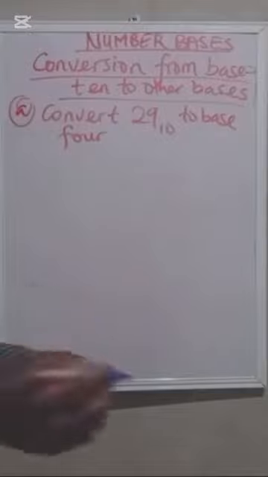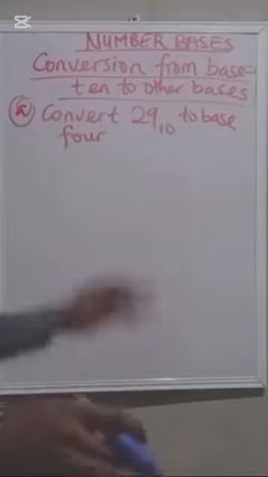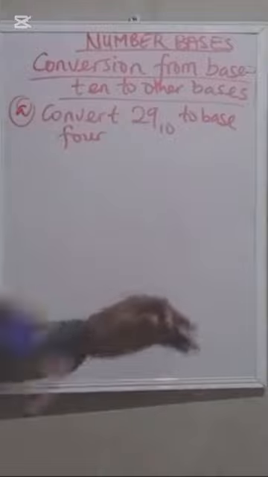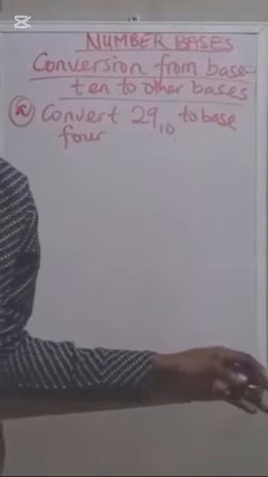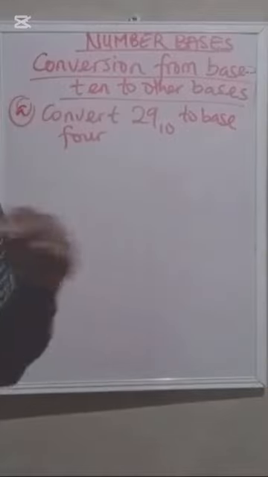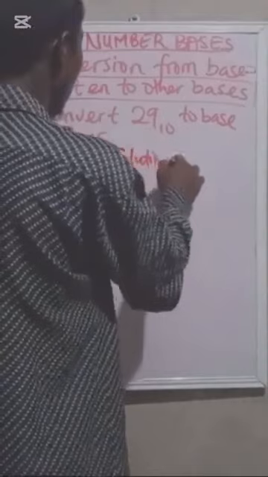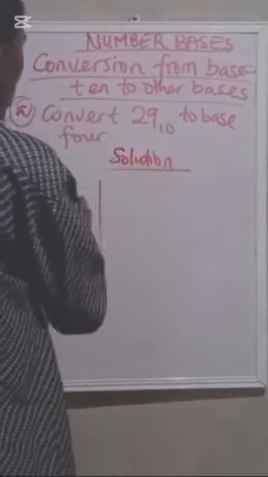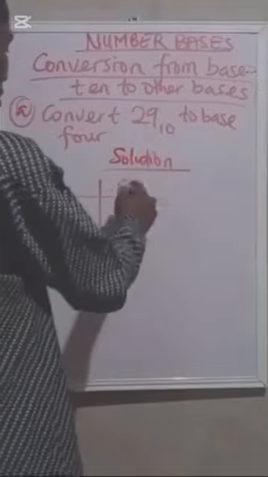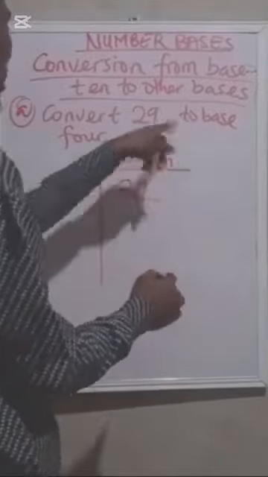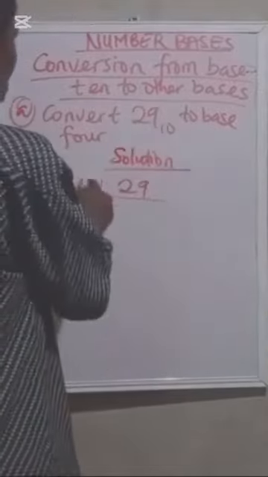Then how am I going to do it? It's very, very simple. When you're converting from base 10 to other bases, it's the same method. Just follow me as I go. So the solution is going to be this. You write 29, and your base is 4.